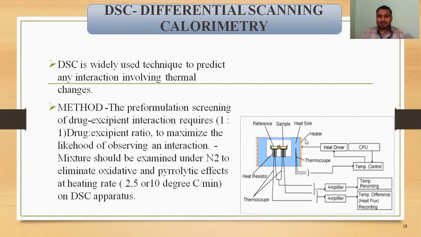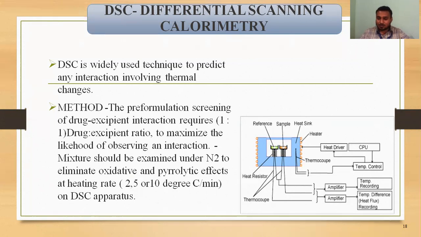You can see here the picture is given. Okay, what are the main components of DSC? That is two, one sample holder and another one reference holder. Okay, on the side the heater is already fitted, and this is the heat sink. Okay, so the CPU is already connected with the DSC apparatus.